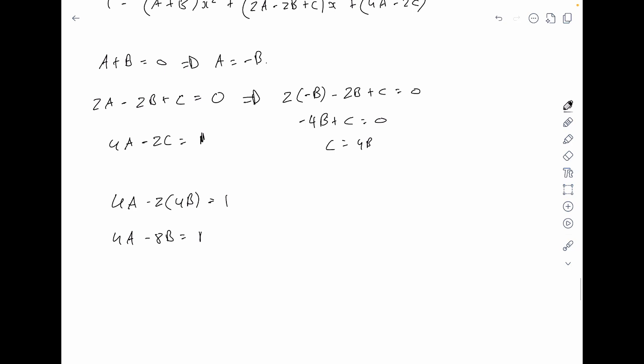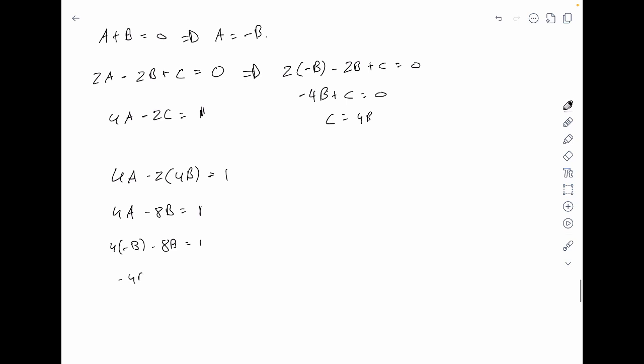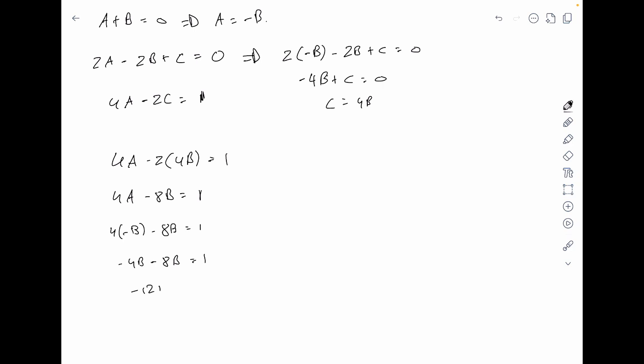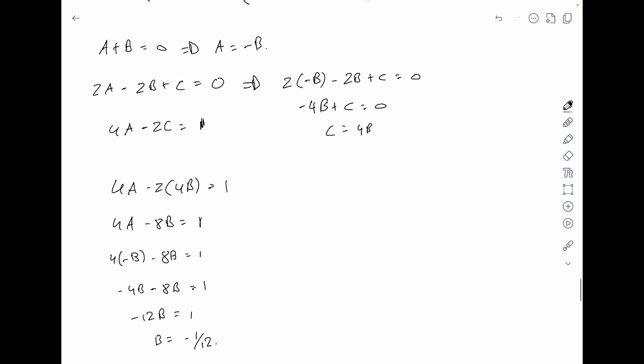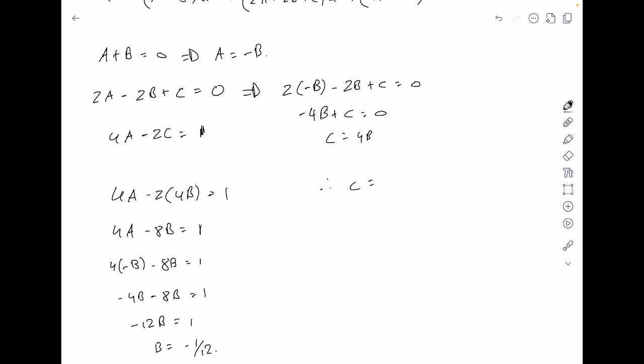Now a is equal to negative b, negative 4b minus 8b is equal to 1. So b is going to equal negative 1/12. Okay, so if b equals negative 1/12, therefore c is equal to 4 times negative 1/12. Well, c then is just going to equal negative 1/3.